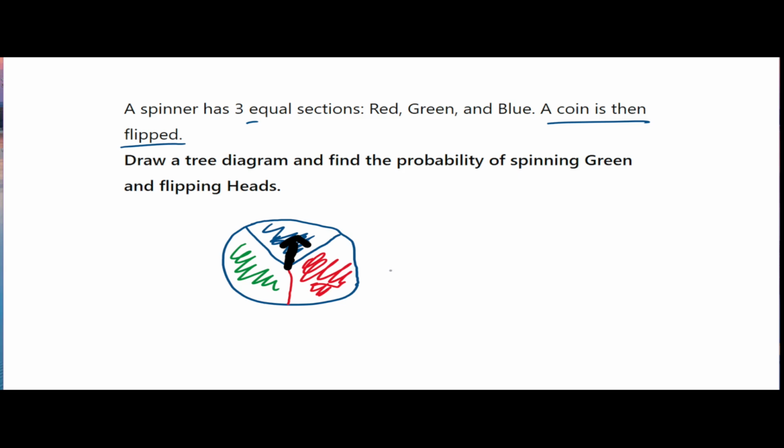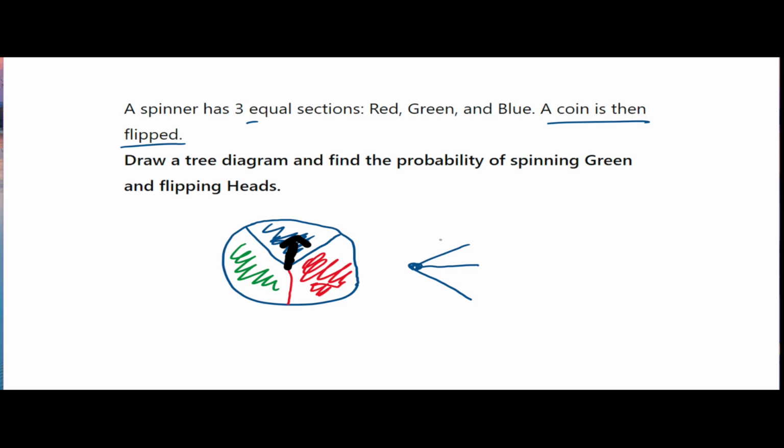And then it says a coin is then flipped. Draw a tree diagram, so I guess I'm in a probability tree, and find the probability of spinning green and flipping heads. Okay, so it says that the spinner is done first. Let's do the whole of the tree.